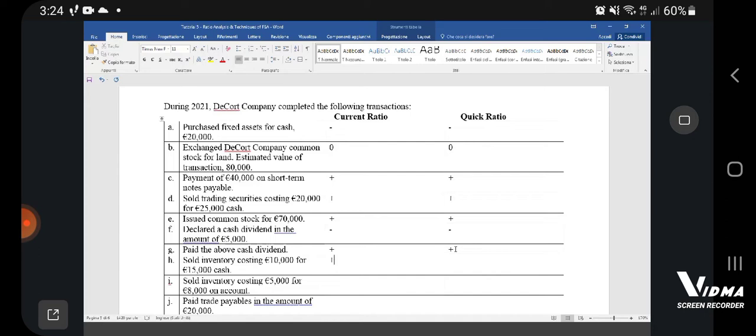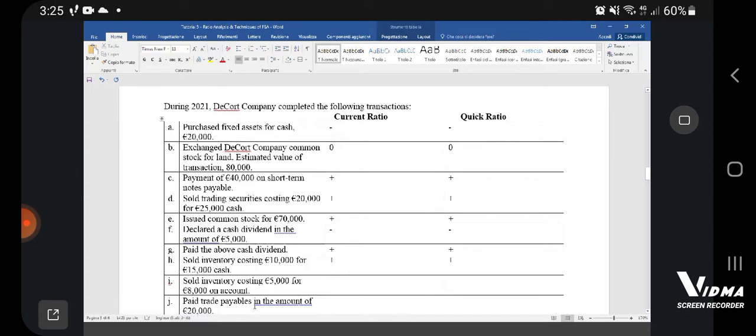What about the quick ratio? Increase. The quick ratio is not affected by inventory. So whenever you sell or purchase inventory, no impact in the quick ratio. But still, you have increased cash. So increasing cash means that you have increased the quick ratio.